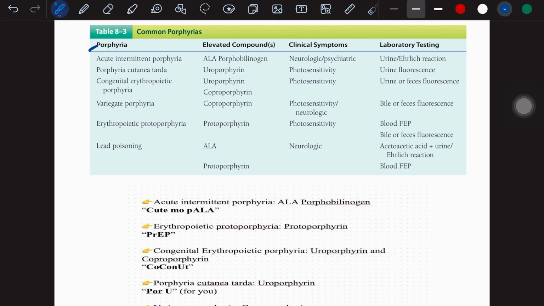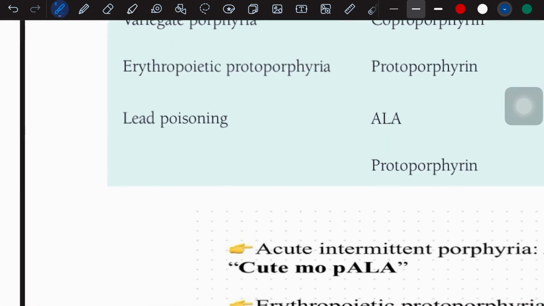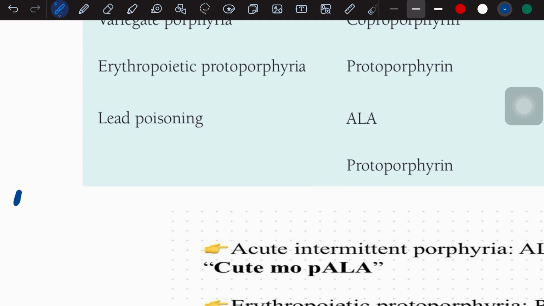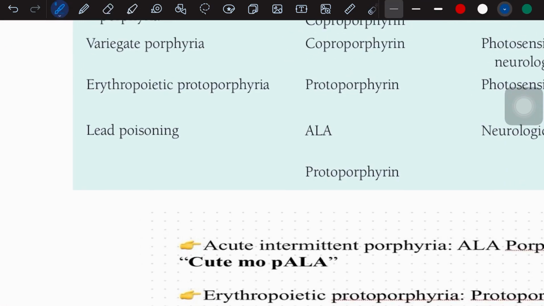So common causes of acquired porphyria, let us write here: acquired, common causes of acquired porphyria. So we have lead poisoning here.